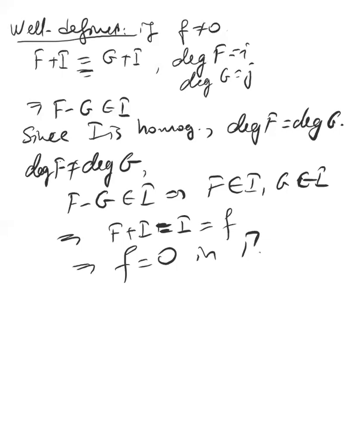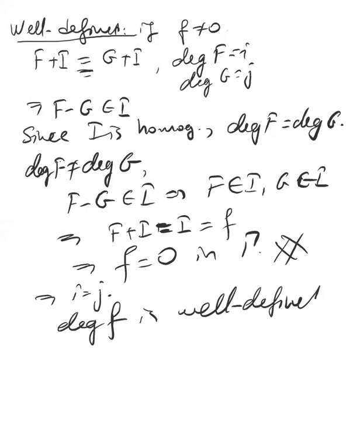That's a contradiction because we assumed that f is not 0. Therefore i is equal to j, so the degree of f is well defined.